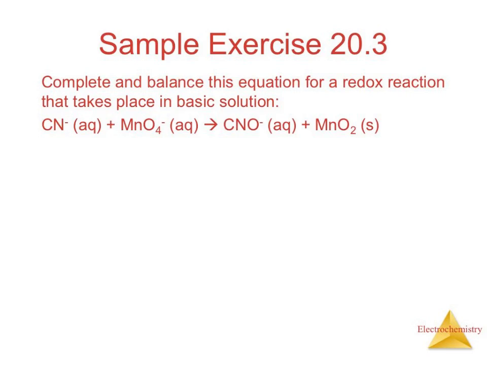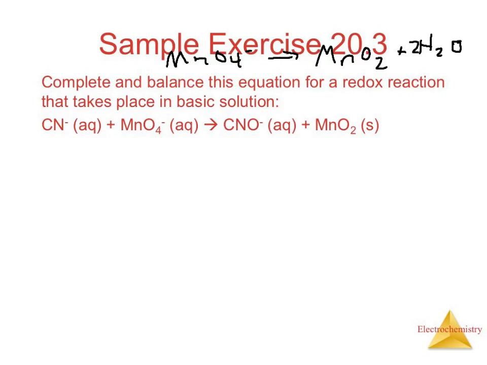Okay, now the problem with it being in a basic solution is if I'm trying to figure out where I can write this. If I balance this as we're in a basic solution, so let's say I've got the MnO4- going to MnO2. So there's one of my half reactions here. I'm going to have to add H2O to this side, 2 of them, to balance out my oxygens.